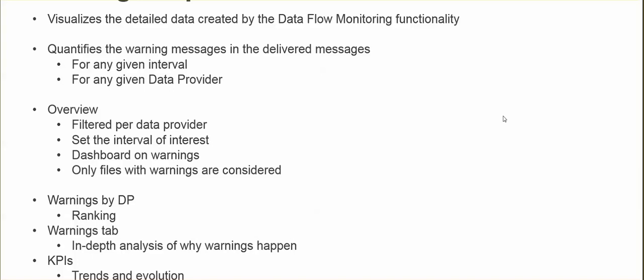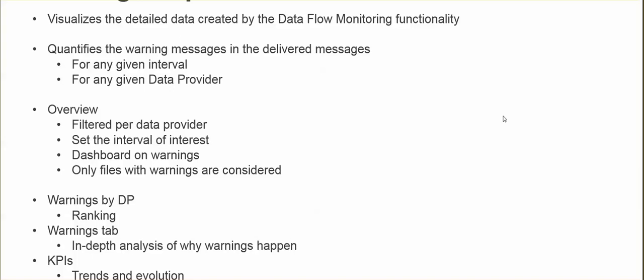What it can do is, for any data provider and for any given interval, so you have a lot of filters and ways you can customize your own view, provide you an overview of what the warnings are that happened for you and how often those happen, and you can dig down to a single file level and spot for that particular file what the problems were.